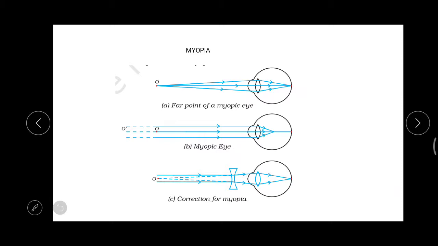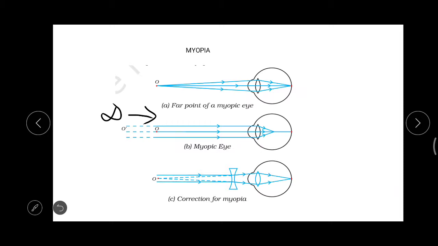And when the focal length is decreased, what will happen? The far point which was at infinity is shifted towards the eye. That means the power of accommodation of a person with a myopic eye is reduced.